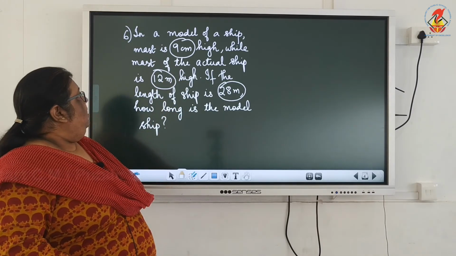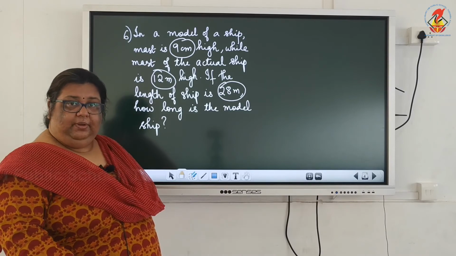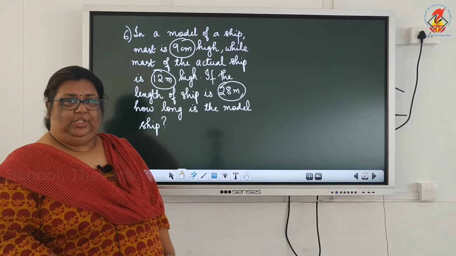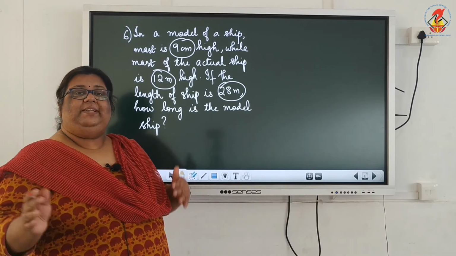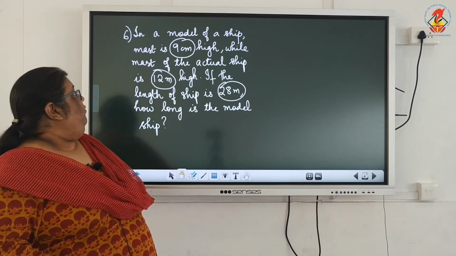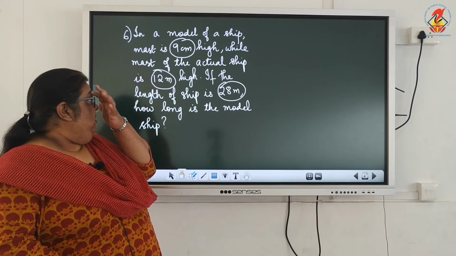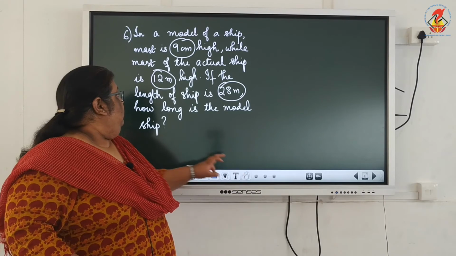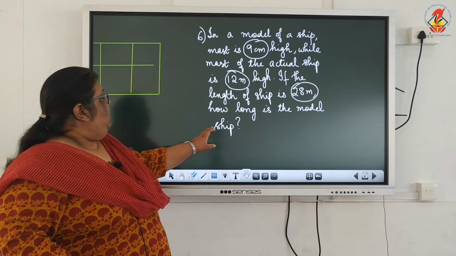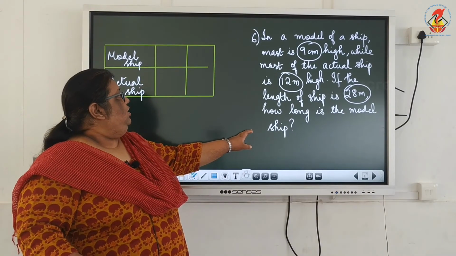Then they have said there is a model of a ship and there is an actual ship. On the model as well as on the actual ship, the mast is there. The model ship's mast is 9 centimeter, while the mast of the actual ship is 12 meter. The length of the ship is 28. How long is the model ship?